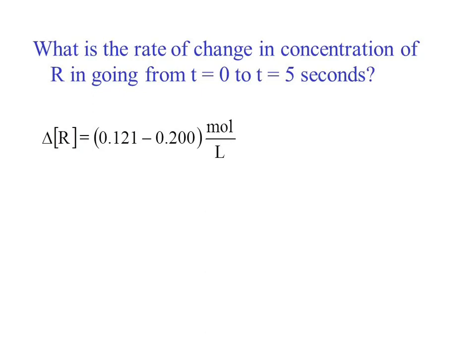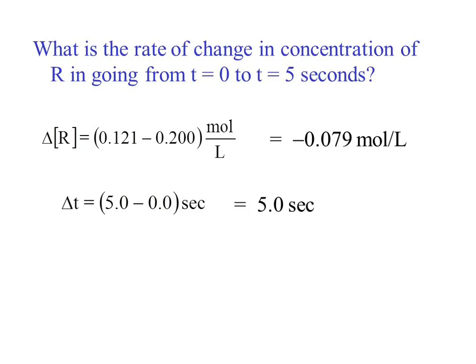So at 5 seconds, it had decreased to 0.121 moles per liter. It started at 0.200. So these are going to be negative, aren't they? So that's the change. And of course, the time interval is always final minus initial, but it's definitely 5 seconds.